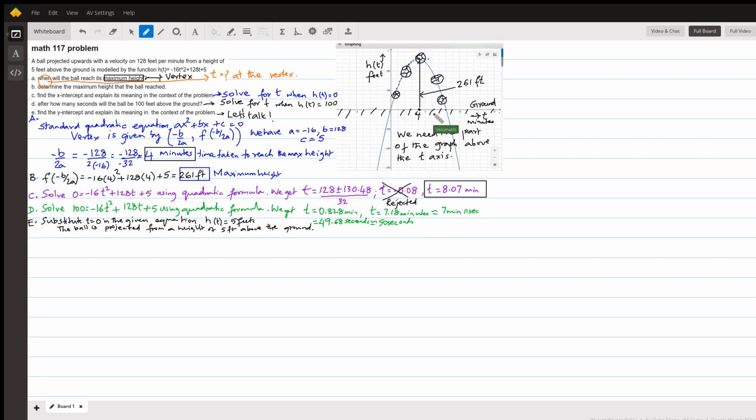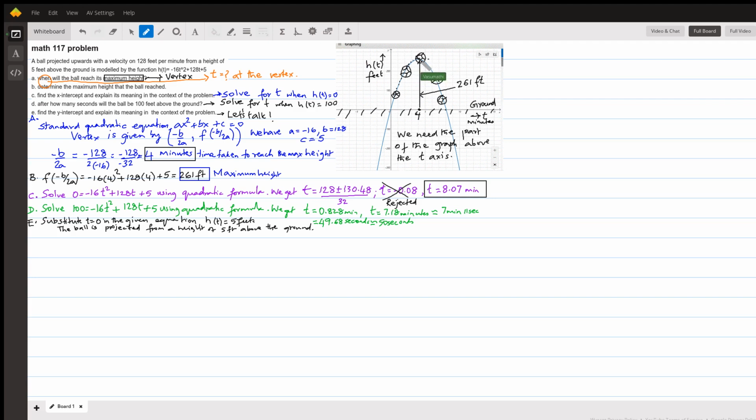So we are only seeing all the action that's happening above the ground. Let's see what the maximum height is. Based on this picture, the maximum height is the vertex of the parabola, the very top, the peak.